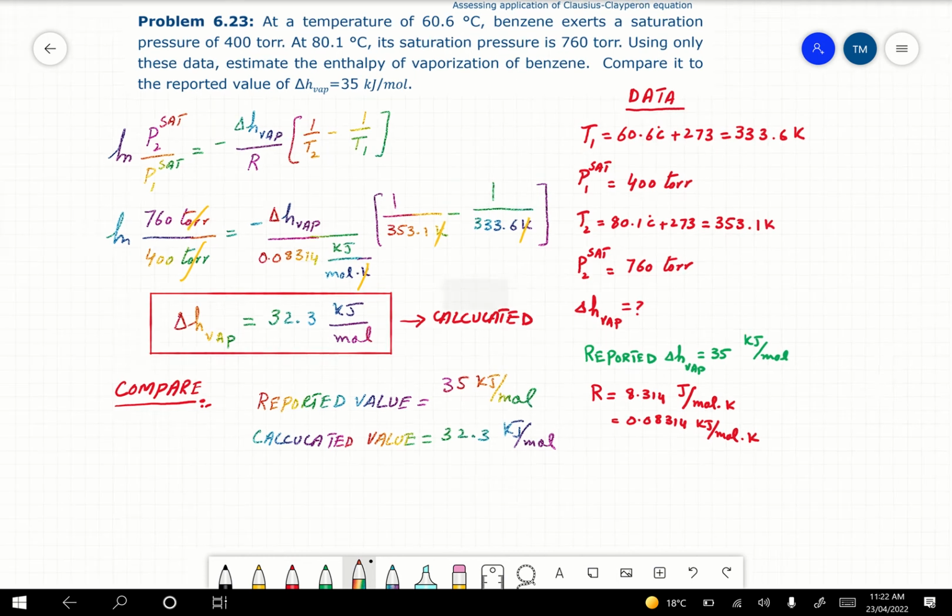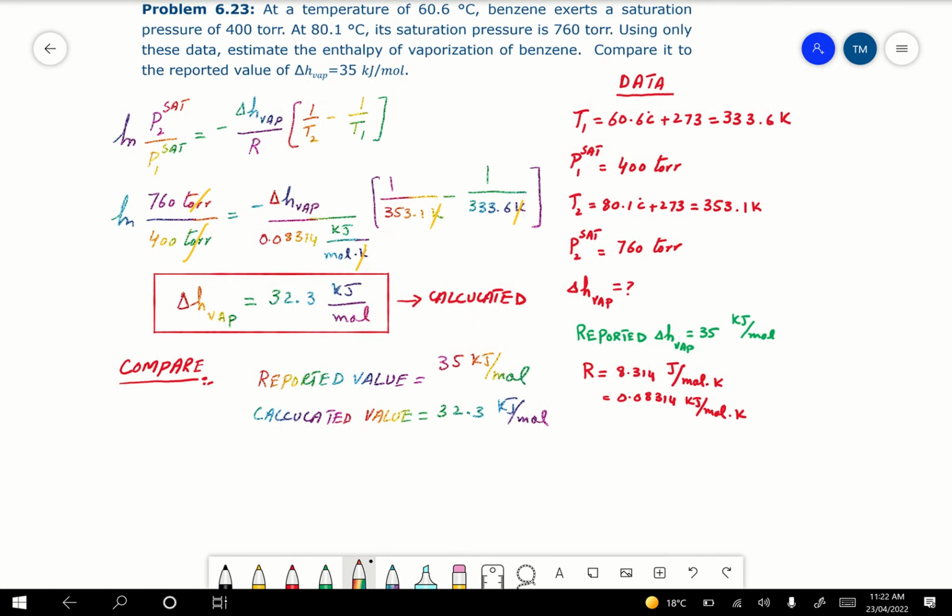We can compare using a term called relative error.